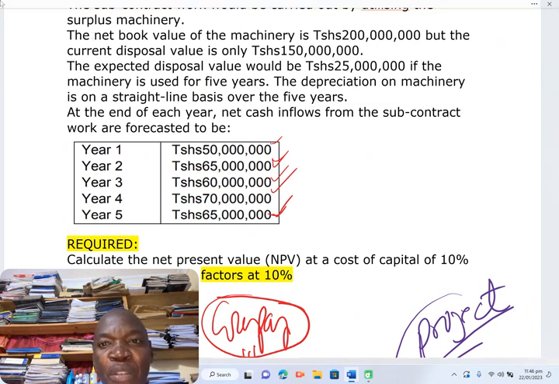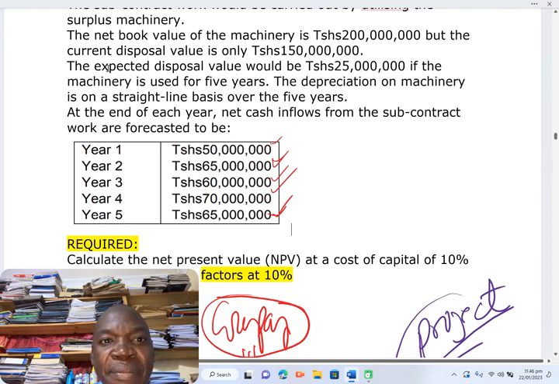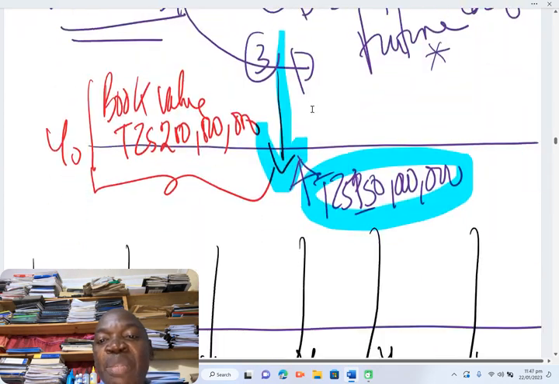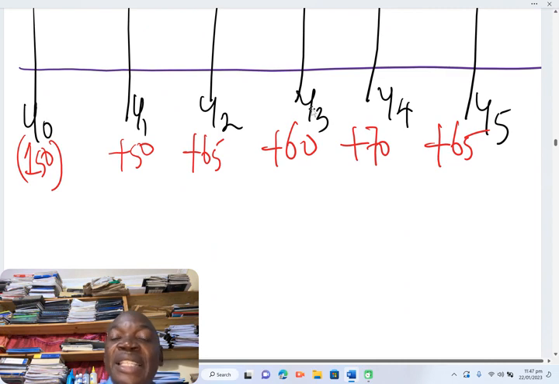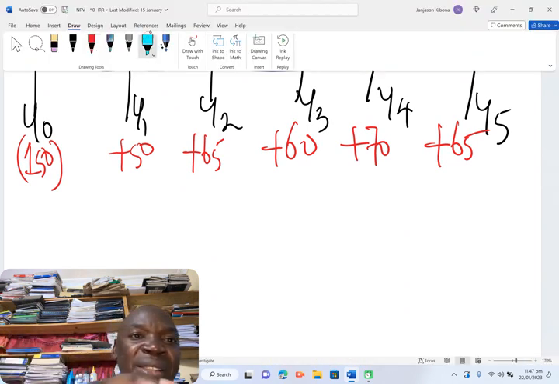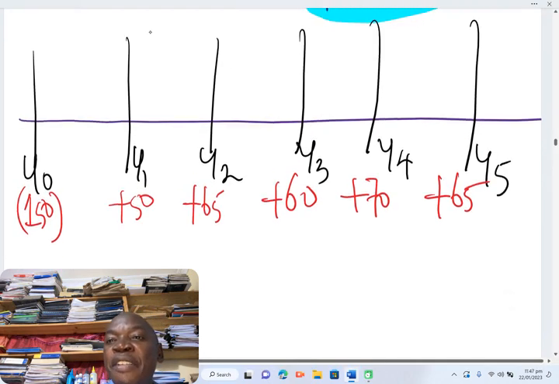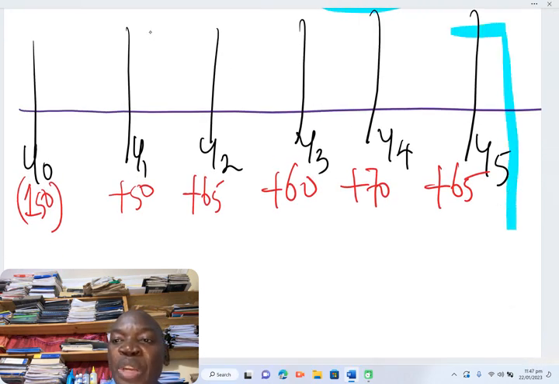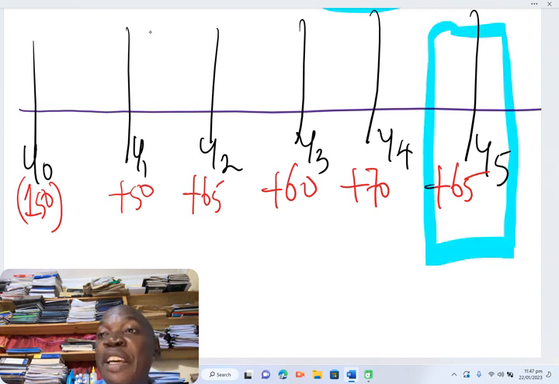Furthermore, we have been told that depreciation of the machine is on a straight-line basis over 5 years, and the expected disposal value of this machine is 25 if the machine is used for 5 years. So you must note here, very important, in year 5 the same machine will be sold for 25.